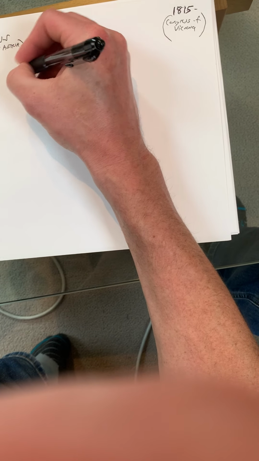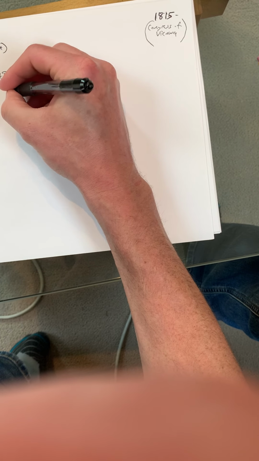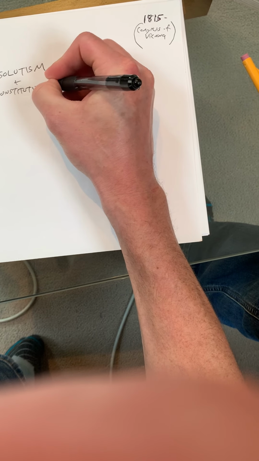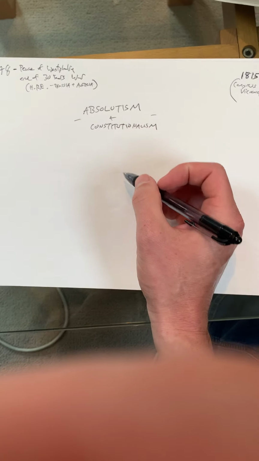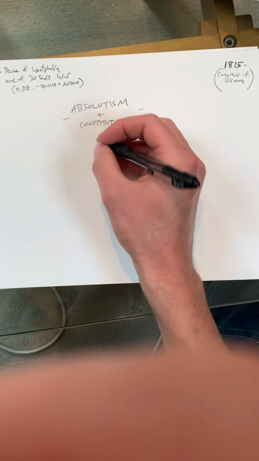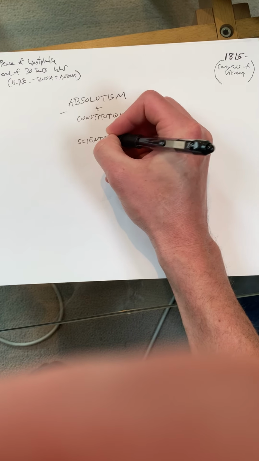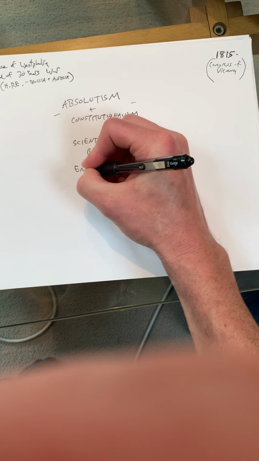The major chapters for this time are, one is Absolutism and constitutionalism. The other one is, and I'll give you a few notes on these two chapters, how to think about it. The next one is Scientific Revolution and the Enlightenment.